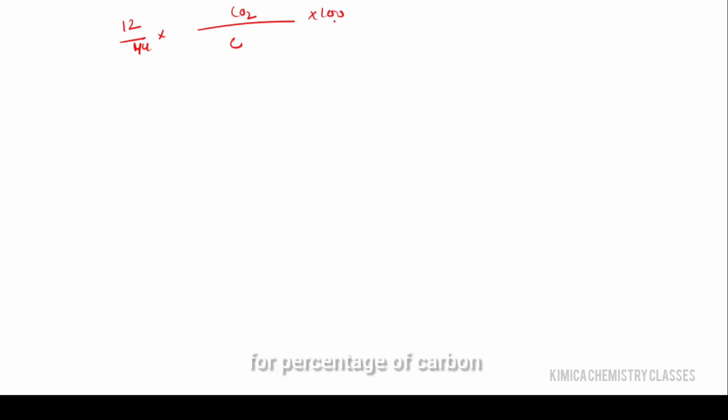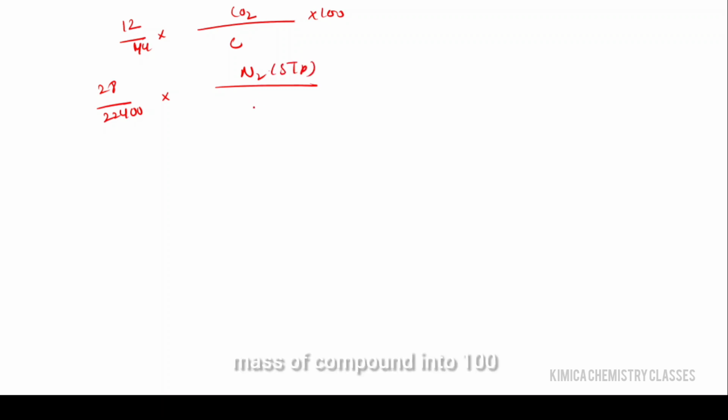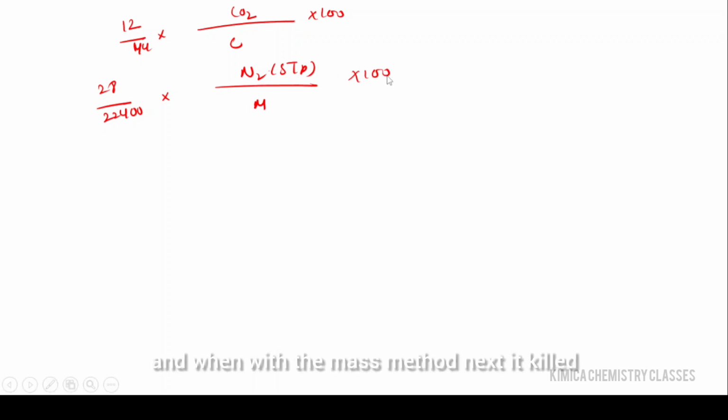For percentage of nitrogen, by Dumas method, this is just the summarization: volume of N2 at STP over mass of compound, into 100. This is the percentage of nitrogen by Dumas method, and next is the Kjeldahl method, which is also the same, because we are calculating nitrogen.